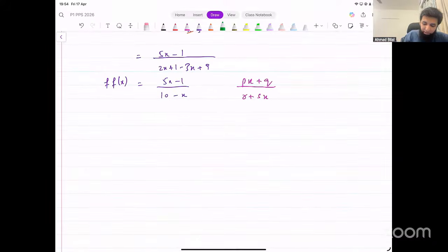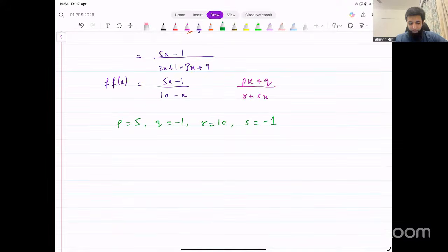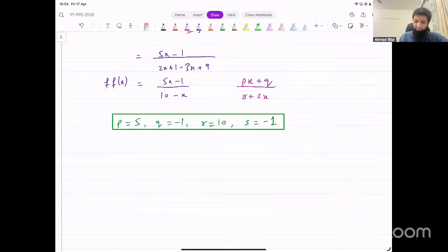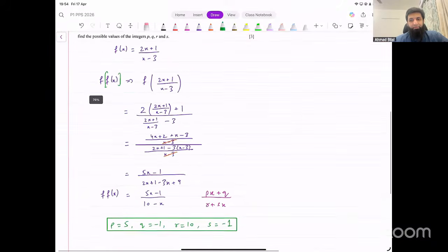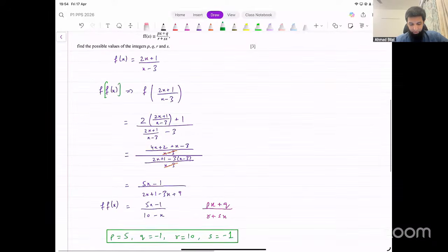Comparing both of them, p is equal to 5, q is equal to -1, r is equal to 10, and s is equal to -1. These are the values that we end up getting for this. Make sense? Any issues with this?